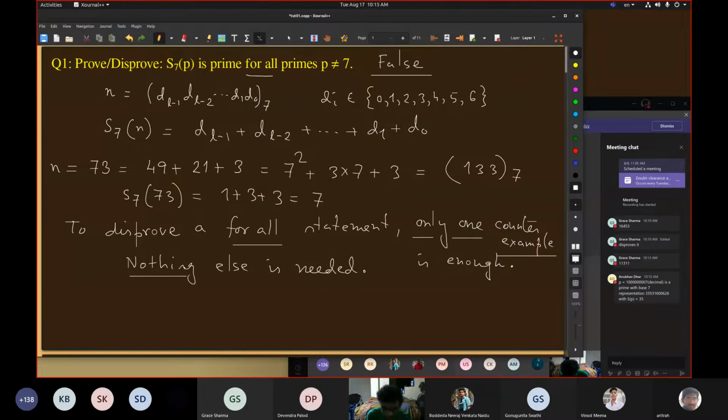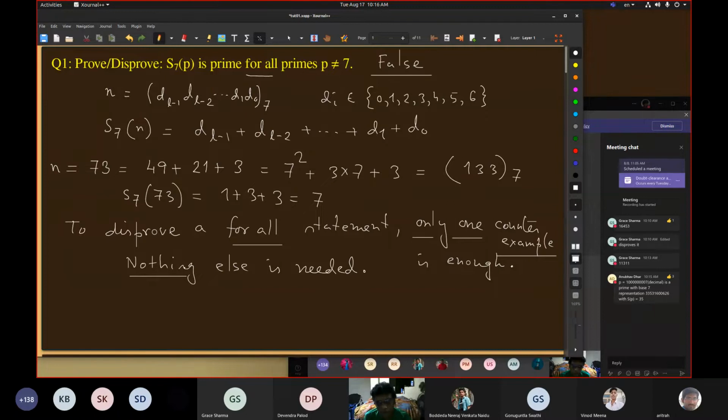Okay, I can see many counterexamples. A huge number, 10000-something, is a prime with this base 7 representation, and S7(p) is 35. So we have several counterexamples to disprove this.